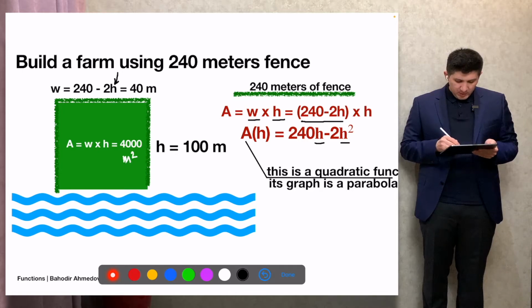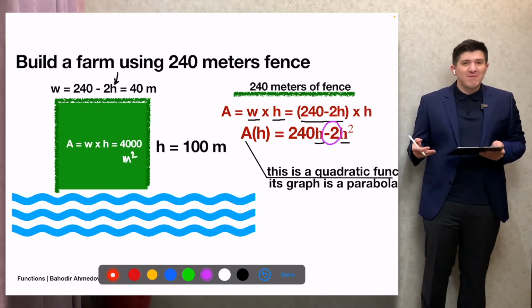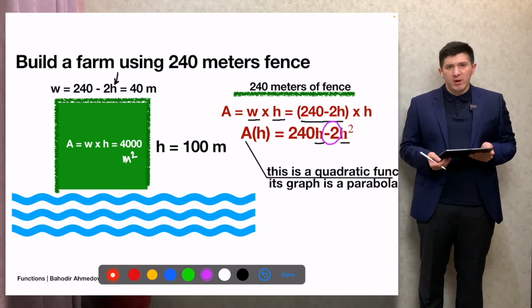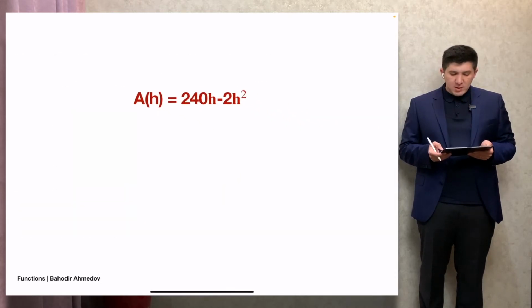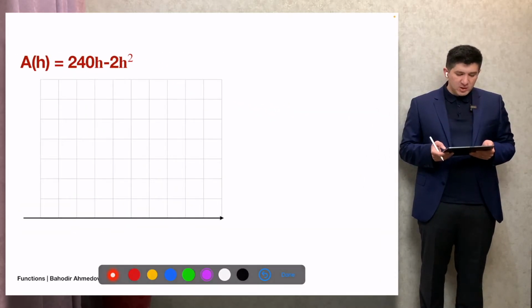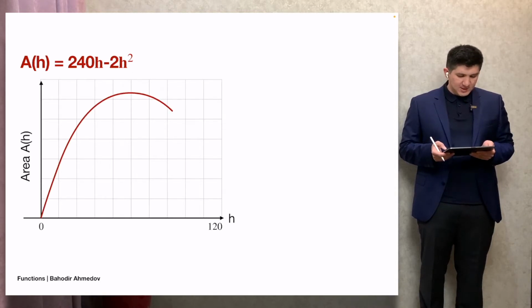And if you remember from quadratic functions, the coefficient before h squared defines the concavity of the quadratic function. Since this is negative, it means that this is concave downward, right? If you look at the graph of this function, it is going to look like this.